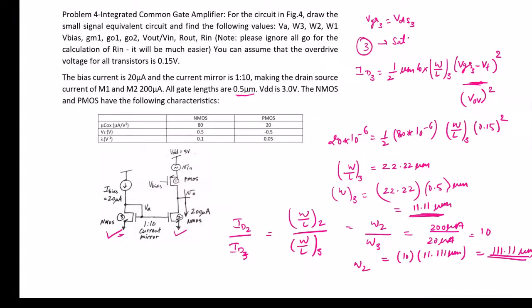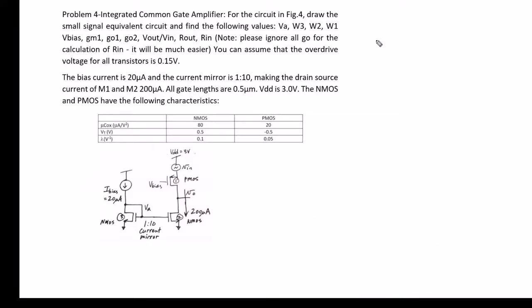Now similarly we can calculate the width of the first transistor. Let's write the saturation current equation with mu p, because the first transistor is a PMOS transistor, so instead of mu n COX we have to use mu p COX. Mu p COX W by L1 times VGS1 minus VTP squared.